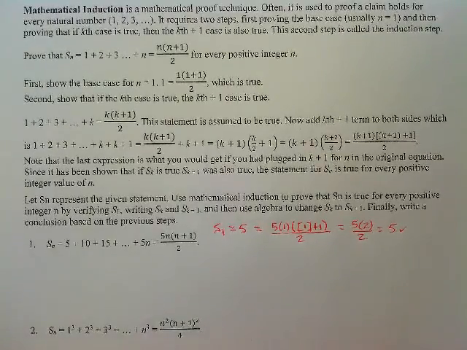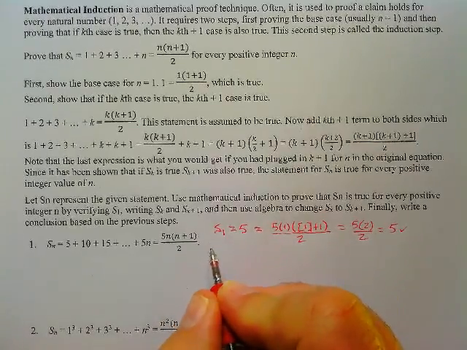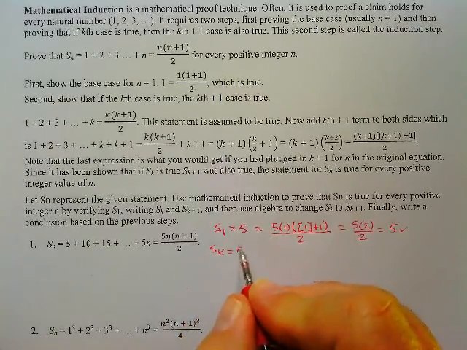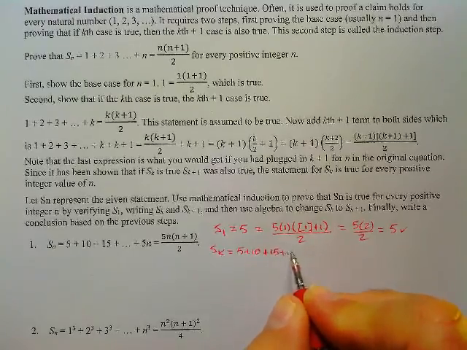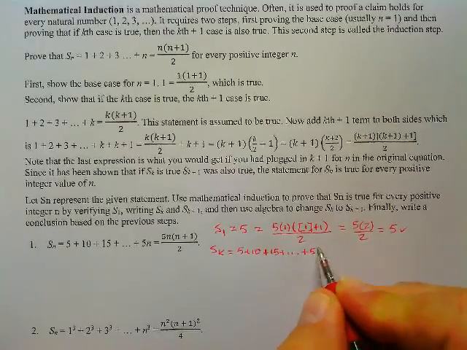Okay, now let's write out the assumption step, SK. So SK is going to be 5 plus 10 plus 15 plus dot dot dot up to 5k.